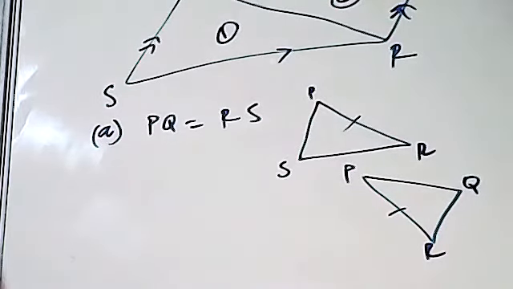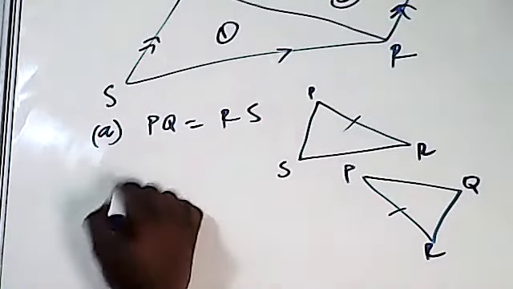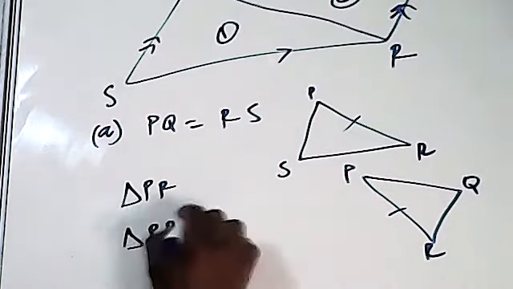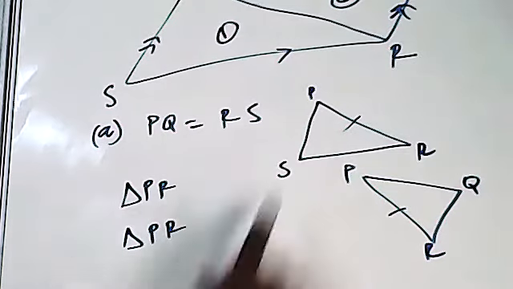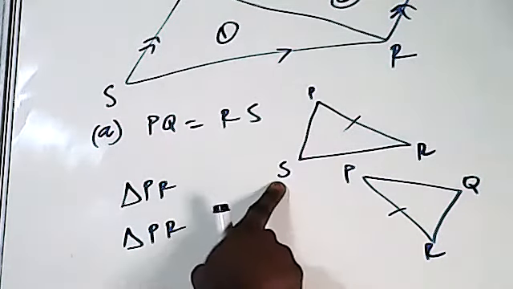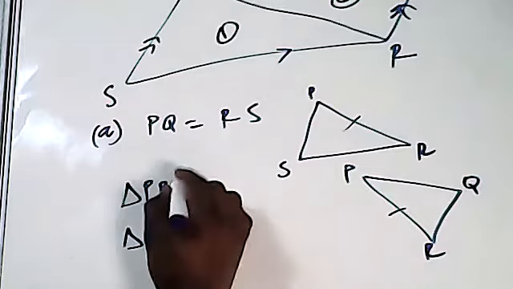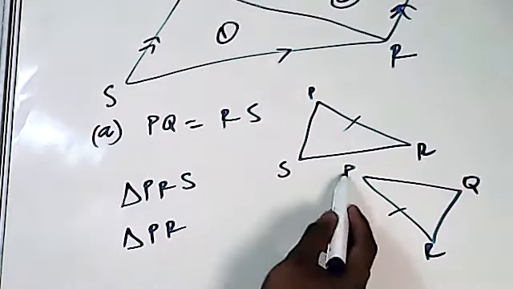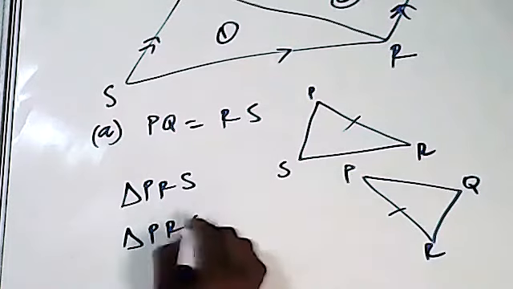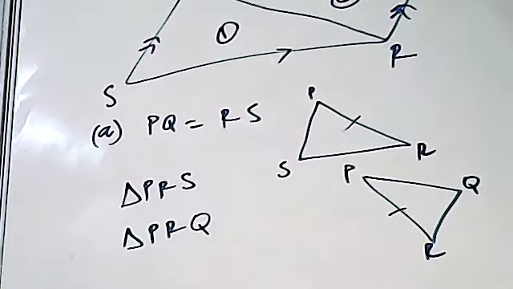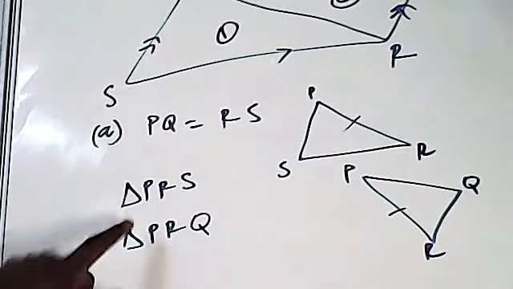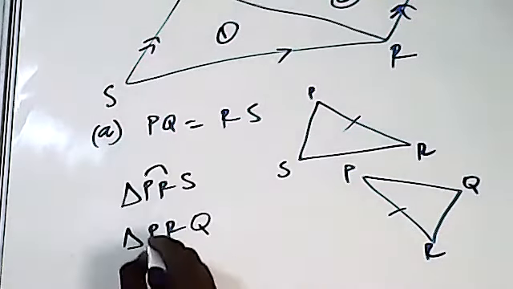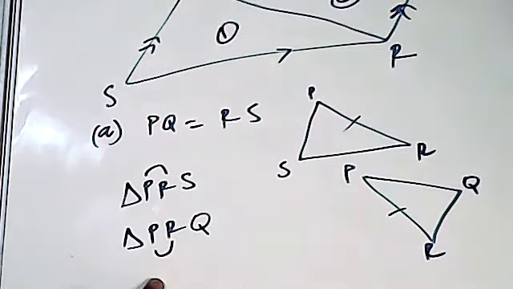If we start by labeling this side as triangle PR, and this one also starts with PR, then if we take PR, the only letter left is S. So we'll have triangle PRS, and on this triangle we'll have PR and Q. At this point you would be happy because you'd say PR first and last, so PR will be equal to PR, which is common.